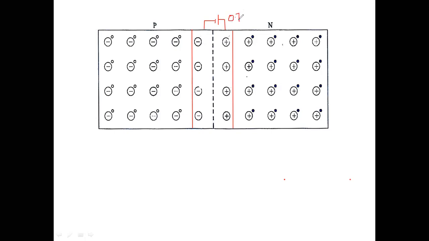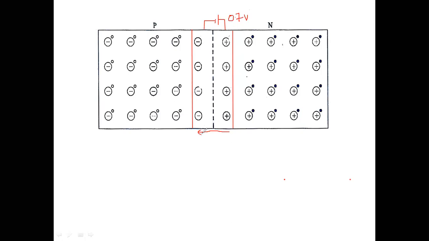Every time we'll talk about silicon only, not germanium, because silicon is the most used semiconductor material. So here the barrier potential is 0.7 volts, which means I'm using silicon. So what is the electric field? The electric field here is from positive to negative. This is the internal electric field set up due to the process called diffusion.